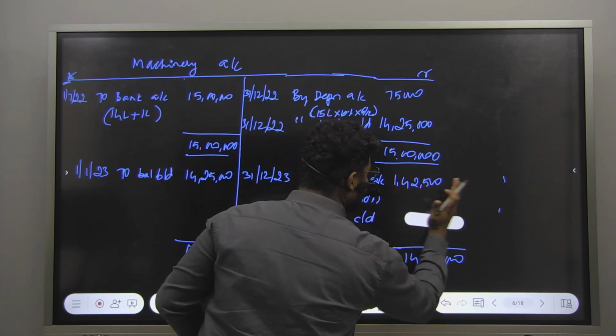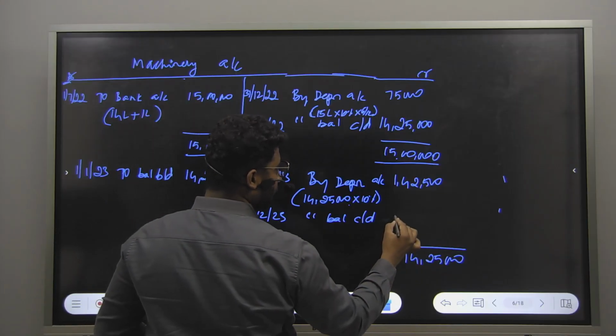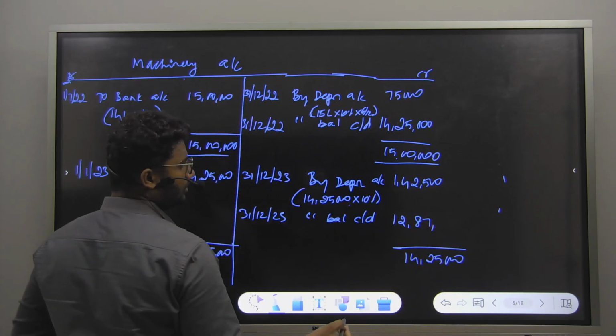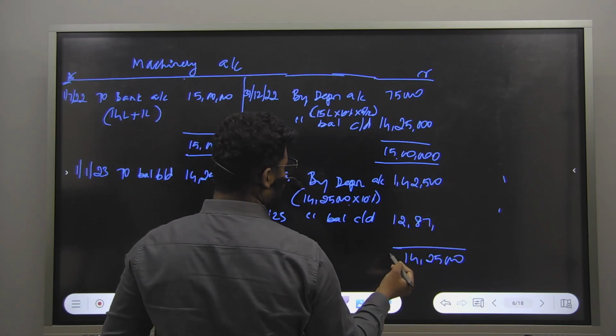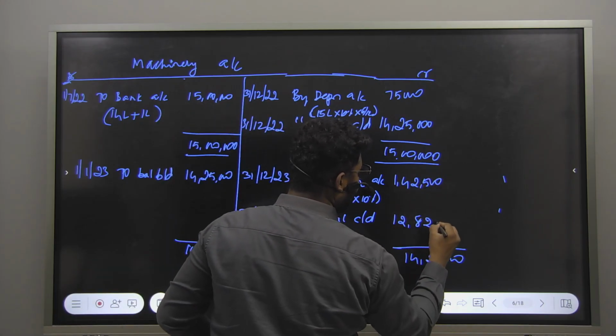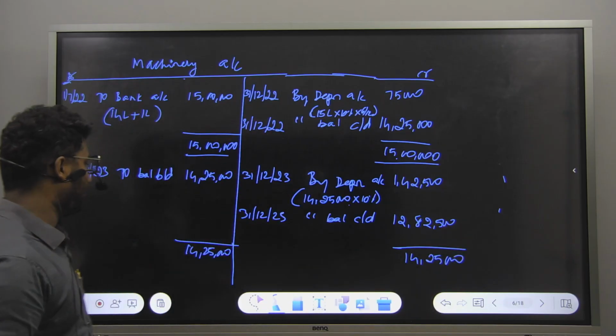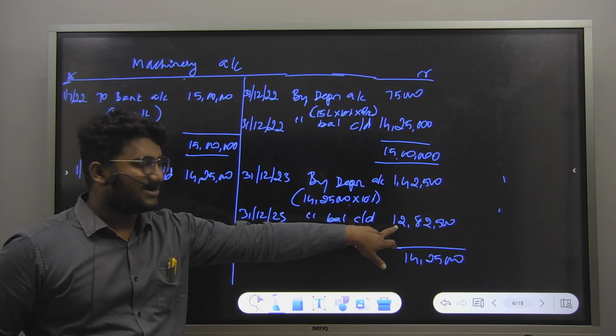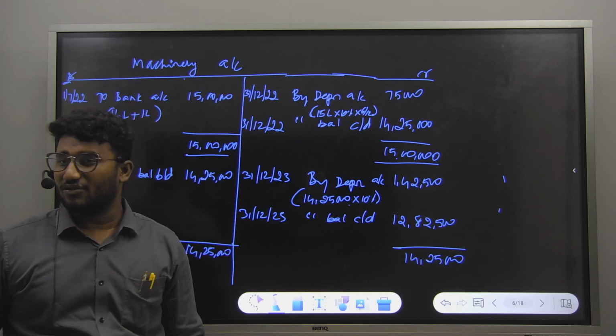The balance is 12,82,500 rupees. So the balance for the next year is 12,82,500 rupees.